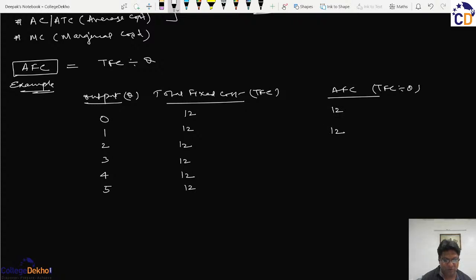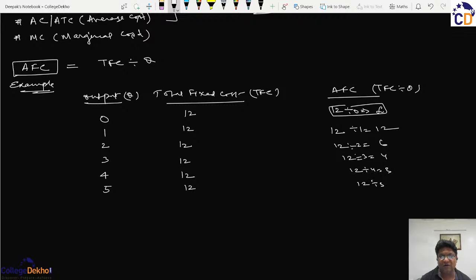At zero output, it is basically infinite, because expressing it per unit is impossible, as it is divided by zero. Here 12 divided by 1 will be 12, 12 divided by 2 will be 6, 12 divided by 3 will be 4, 12 divided by 4 will be 3, and 12 divided by 5 will be 2.4.